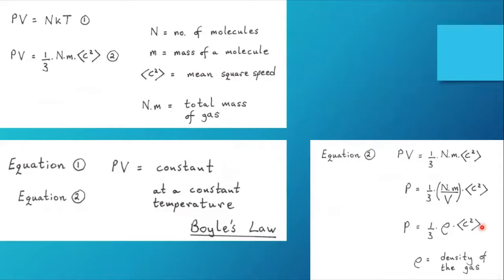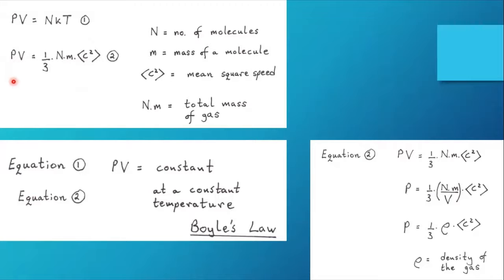Now, we've already said that PV equals NkT. We've established that PV equals 1/3 nm c squared, and I've defined my terms. It's interesting, isn't it, that n times m is the total mass of the gas, and that really we've got a microscopic property which relates to some of these macroscopic properties of a gas.